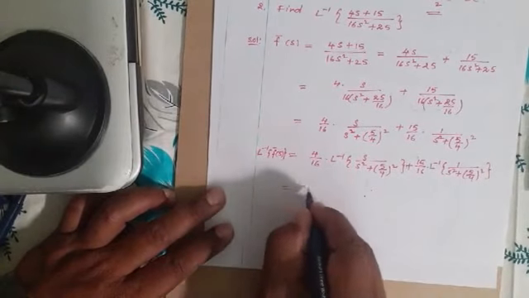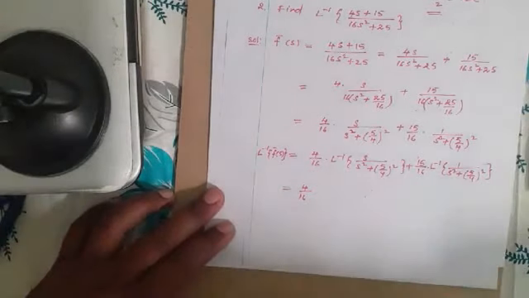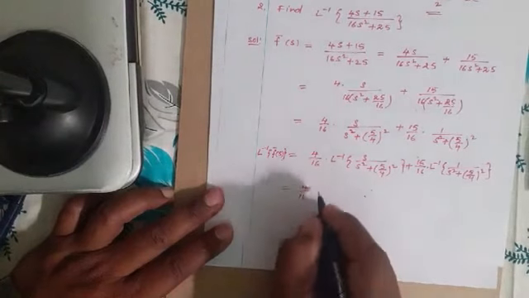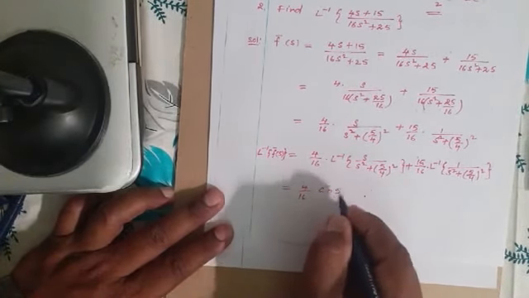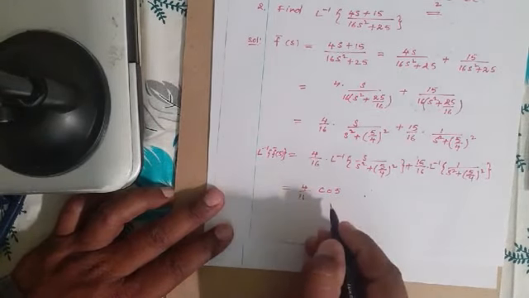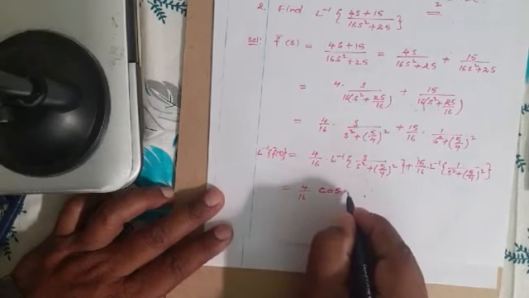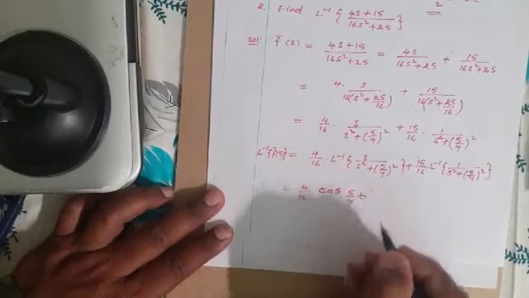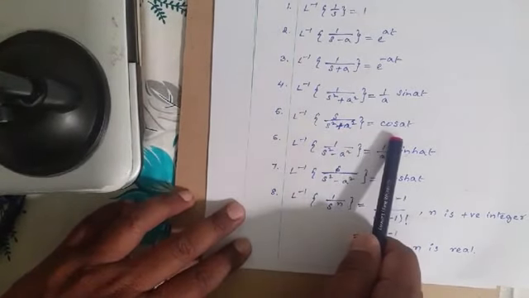Now when you apply the formula, 4 upon 16, L inverse of s by s square plus a square is nothing but cos at. So this is 4 by 16 cos 5 by 4 t, because as I have just shown you, L inverse of s by s square plus a square is cos at.